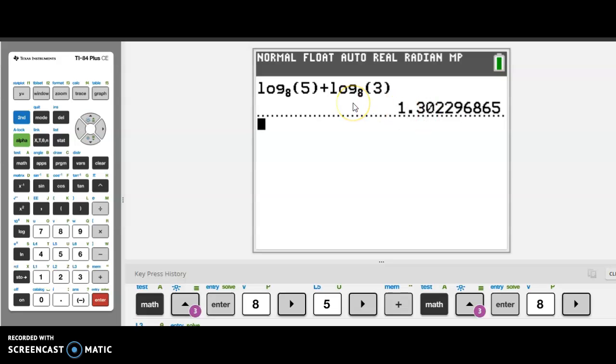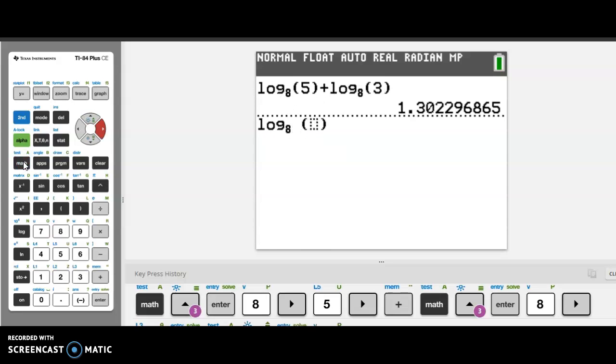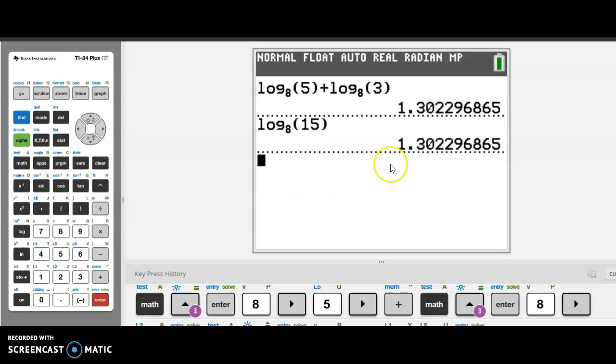But you can check that you have the right answer by typing in log base 8 of 15, and you get the same decimal, so you know you did it correctly. So that's what I mean by feel free to use a calculator to help you understand the rules.